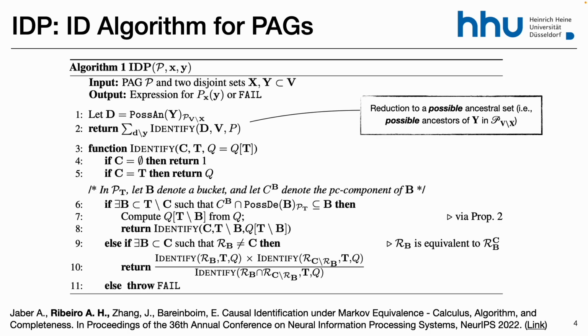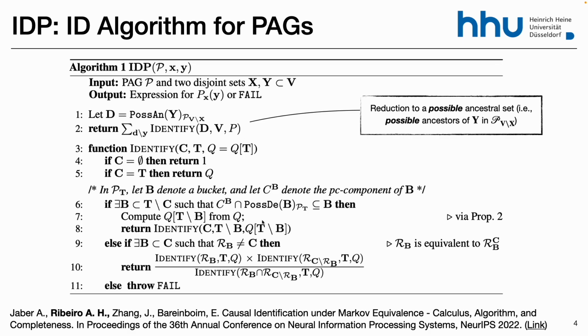But the point is, when we enter the identify function, as in the identify algorithm, we have a condition which breaks the problem down in several steps, and you see that it's a recursive algorithm.